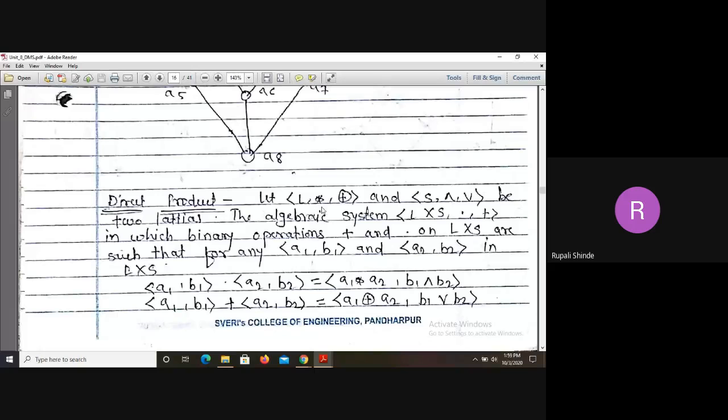Let L with star and XOR, and S with and and OR, be two lattices. Star and XOR are two binary operations on L, and and and OR are two binary operations on S.